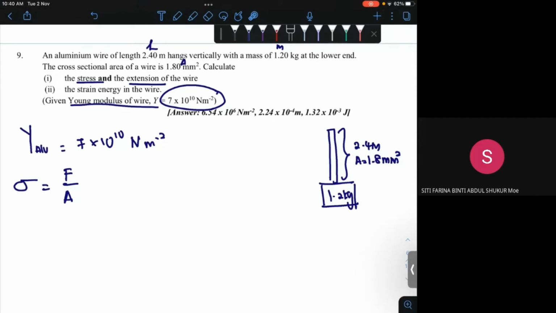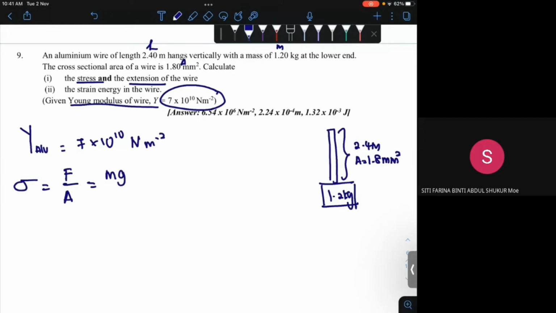Since your wire has been added a mass dekat bawah sini, this mass hanging kan sebab tergantung, so dia akan produce weight ke bawah. So the force that has been experienced by this wire dekat sini adalah weight force. Okay. Kita akan dapat mg.